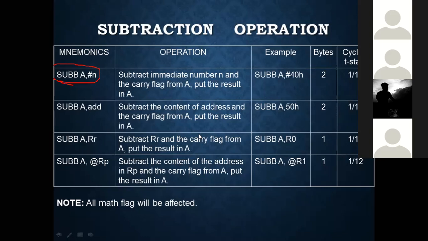Before the instruction, suppose the content of the A register is A3H, and the 78H memory location contains 32H.